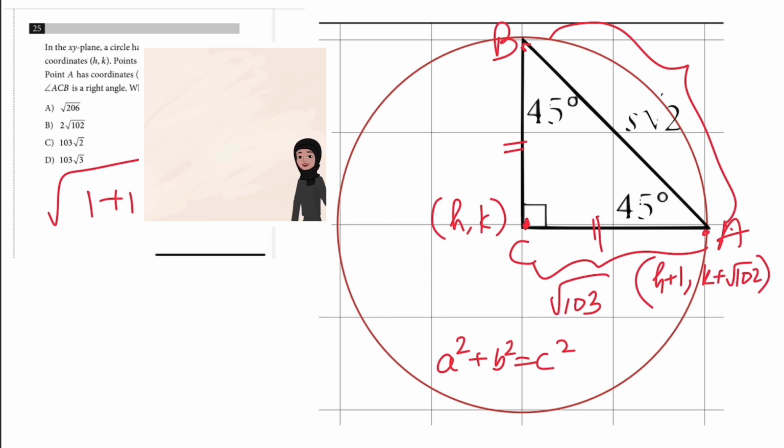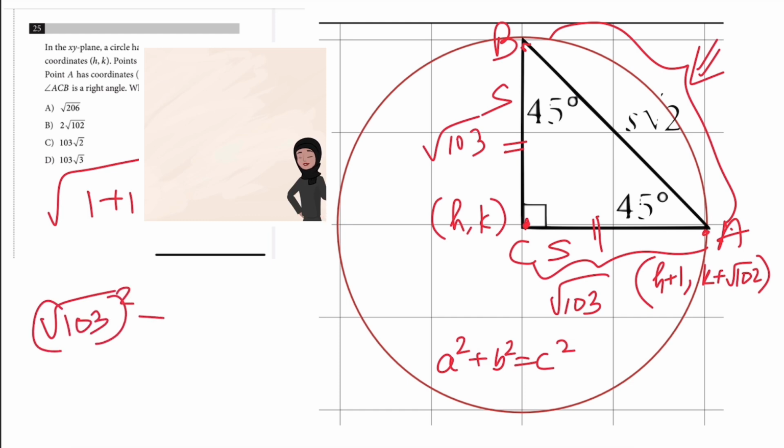So we substitute square root of 103 for A and B, because both AC and BC are equal, and solve, because we need the length of AB. You can also use the special right triangle, S square root of 2. That is, if S and S are the sides, S square root of 2 will be the length of the hypotenuse. But let's say we use the Pythagorean theorem directly.